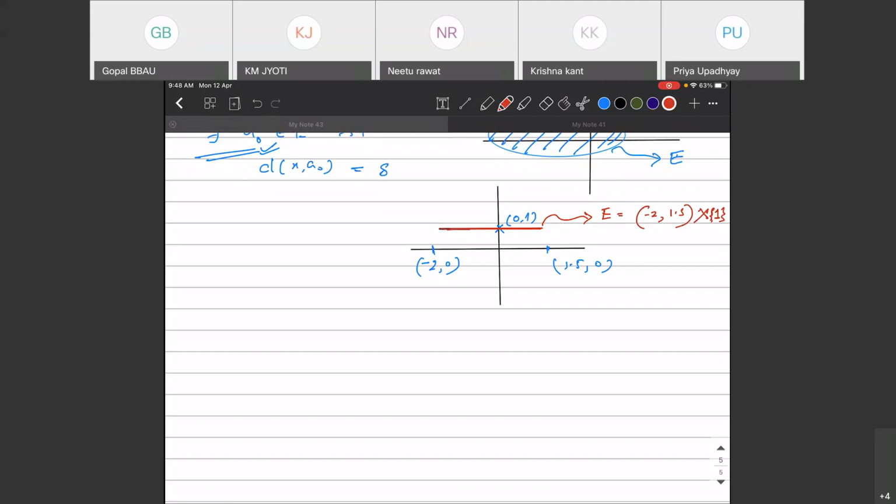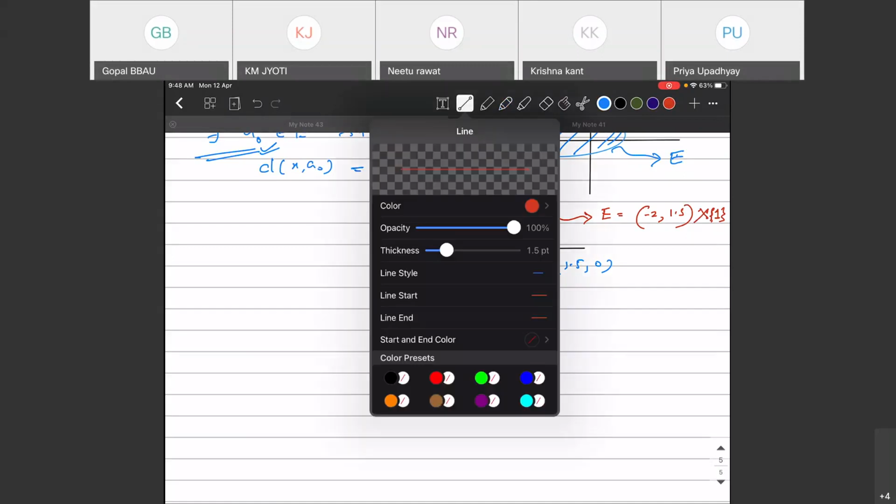So now we take this as a point X, and we want the distance from X to the set E, and you know what that would be.